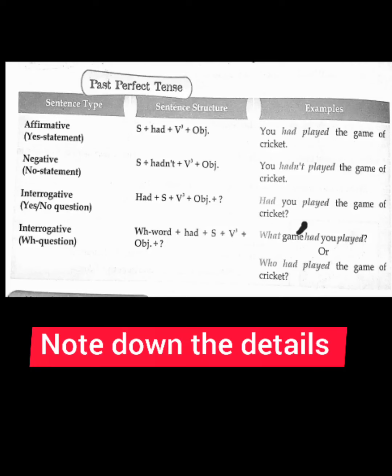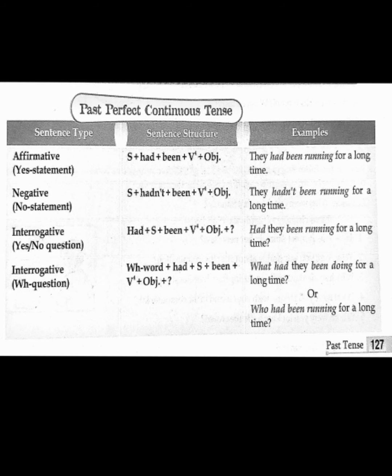What game had you played? Question mark. Or: Who had played the game of cricket? Question mark. So in this way we can change by using a WH word. Clear?